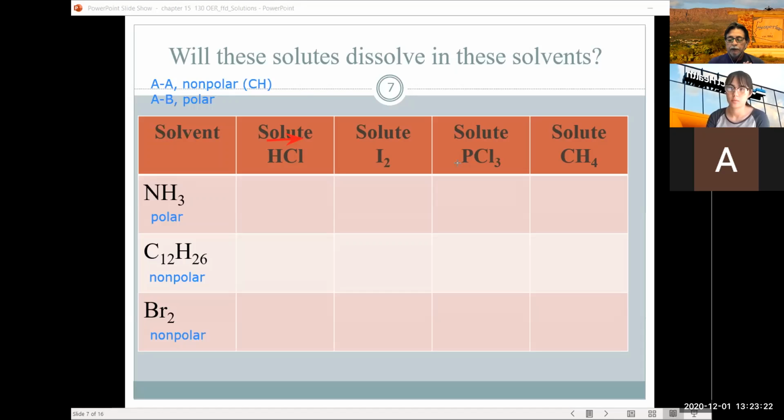Now, if that was PCl4, just for example, with 4 chlorides around that central phosphorus, there are 4 polar bonds, but they get canceled out being in the tetrahedral position. Therefore, the net result would be a nonpolar species, okay?